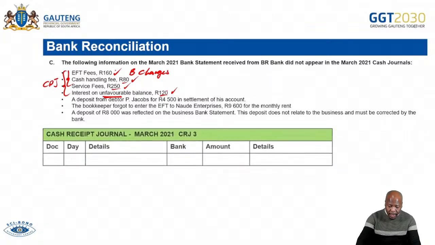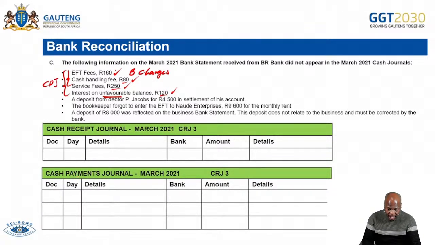I'm going to add those up, and then we record them in the CPJ. Let's go. I'm going to come to my CPJ, and then I'm going to say on the bank statement, the date, remember, is the 31st. Details, what is the name of the bank? BR Bank. And then I add 160 plus 80 plus 250 plus 120. That is going to give you 610. Of that 610, I know that not all of it is bank charges because the 120 is interest on overdraft.